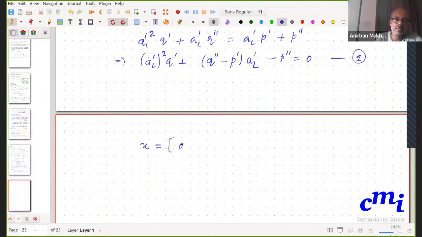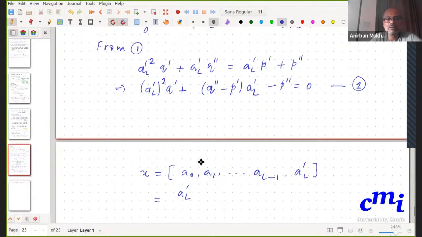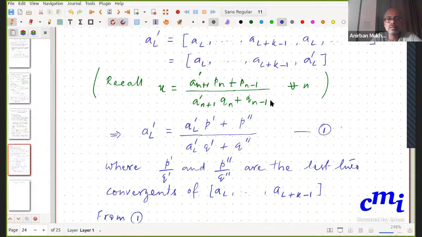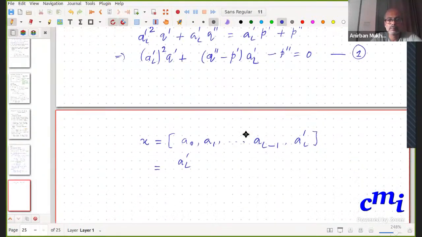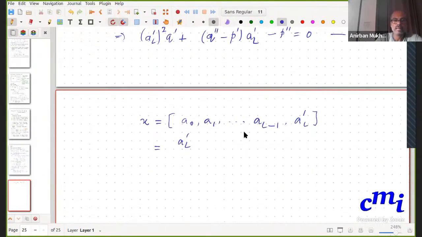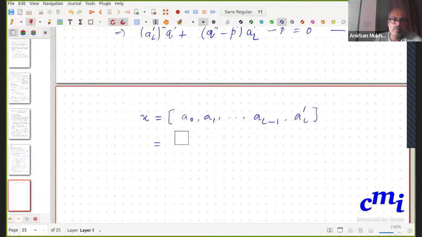Now we know this is the notation we are using: a_0, a_1, etc., up to a_{l-1}. Then we have this part which is the complete quotient a_l dash. So this is what we have. Therefore, this is a_l dash with the same notation that we recorded. So that's the lth entry.